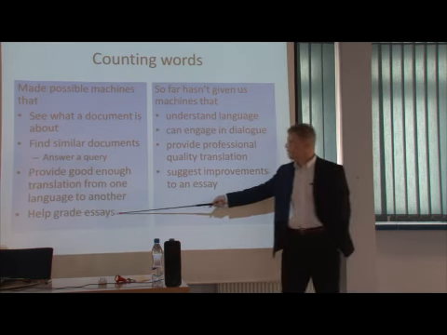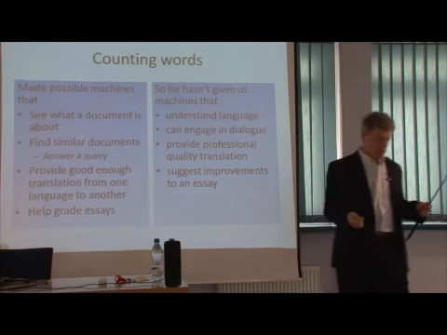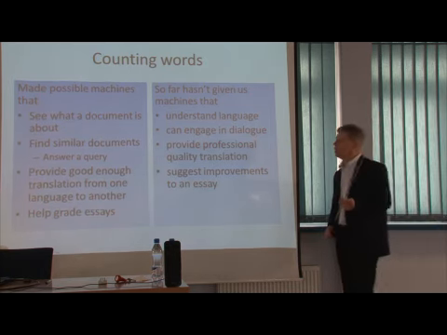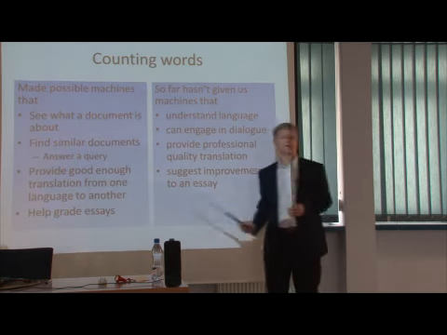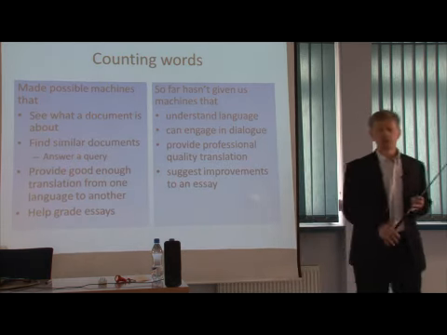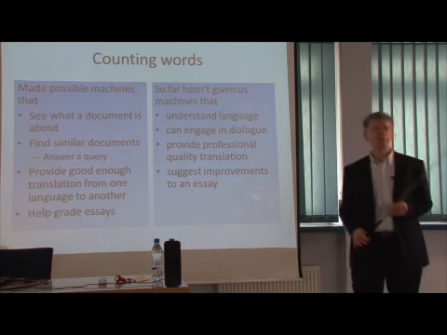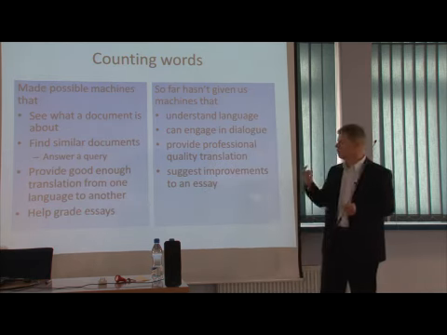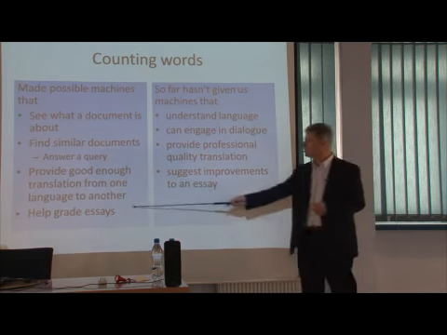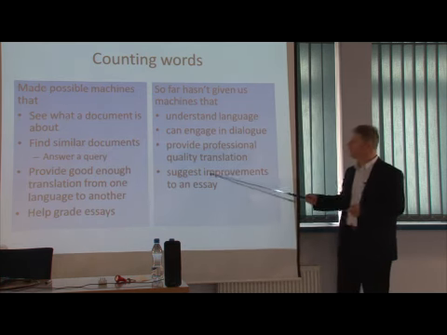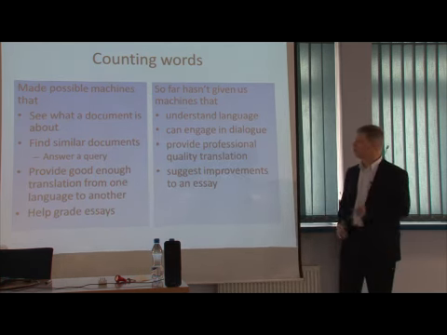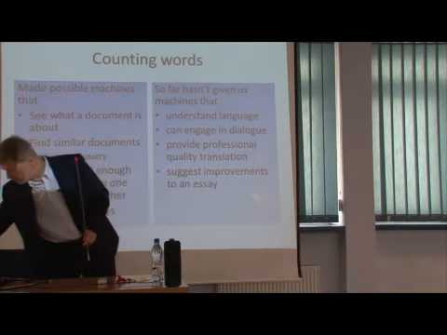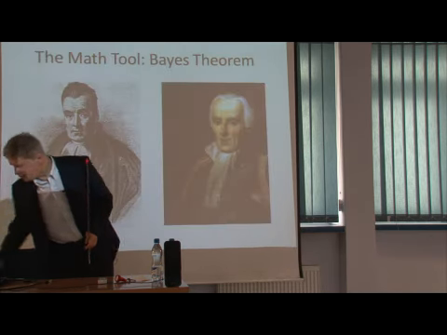What's happening there is that the machine, by looking at the distributions of words in essays, can say, okay, these kinds of patterns are associated with higher grades, and these kinds of patterns are associated with low grades, and using these associations, it can assign a score. But it can't tell you that if you did X, then your grade would improve by 3 or 4 or 50 points. So we are not there. Okay, I'm sorry.